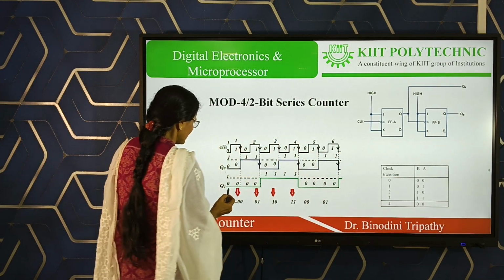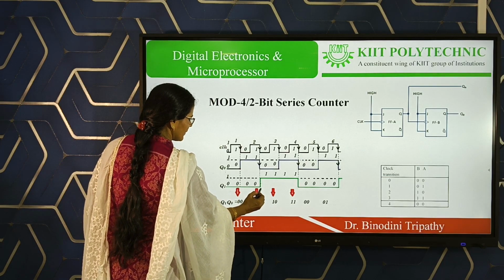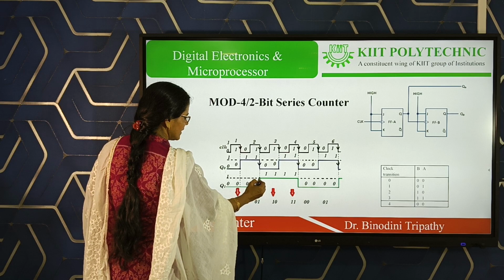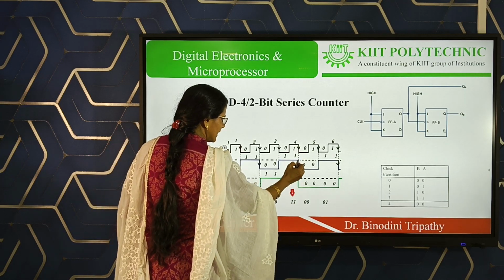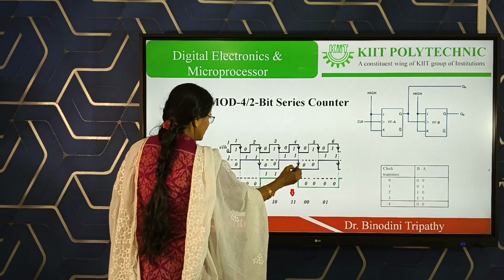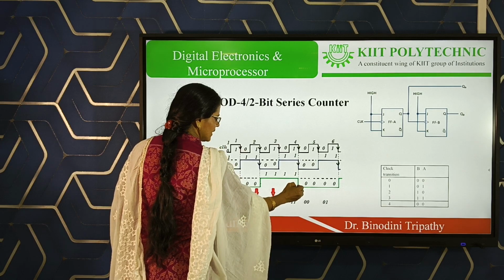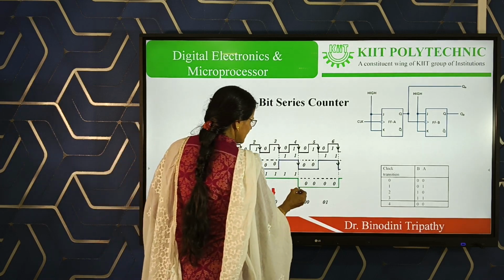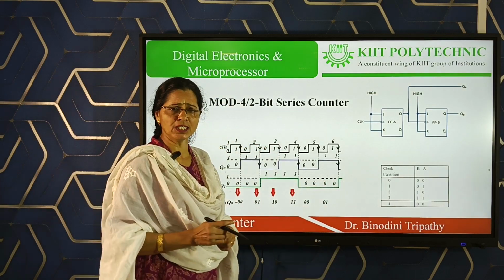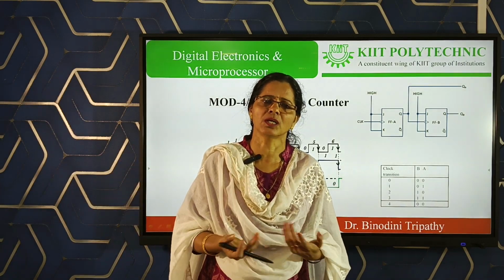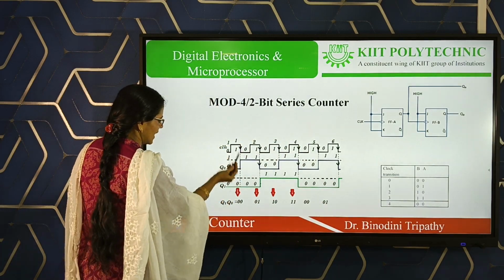So now see, your second flip-flop output, initially it was 0, but at the negative edge it will change to 1 and that 1 will continue up to the next negative edge of A. Please consider this is the clock input for the next. So at the negative edge again it returns to 0. Then it continues this 0, and when it gets another positive it will change to 1. This process will continue.